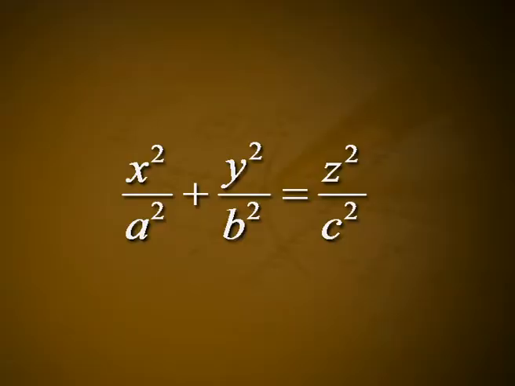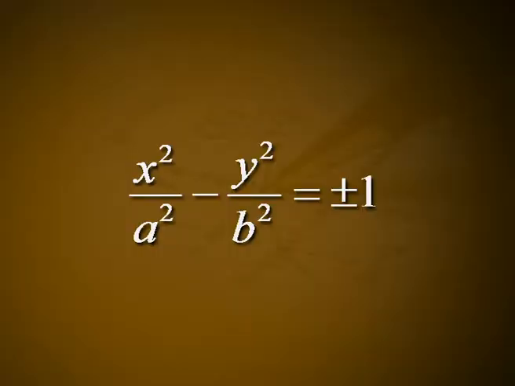Equations 9 and 11 have different numbers of negative terms. The number in each case is the same as the number of sheets of the hyperboloid. If we replace the 1 on the right side of either equation 9 or equation 11 by 0, we obtain the equation x squared by a squared plus y squared by b squared is equal to z squared by c squared, for an elliptic cone, equation 6.